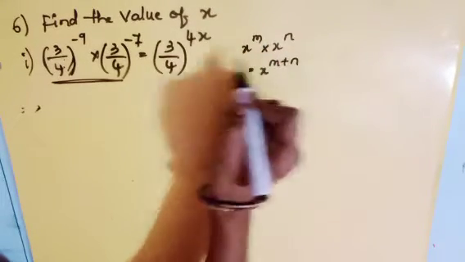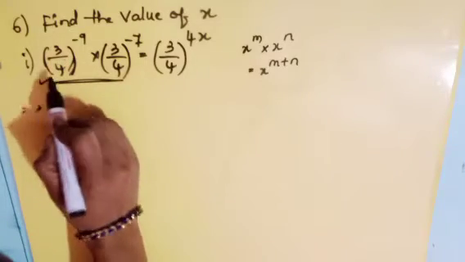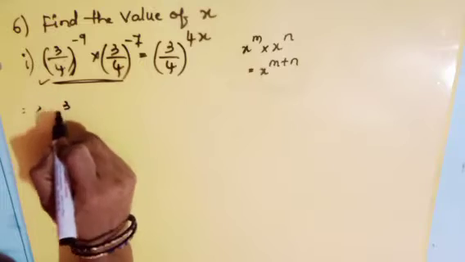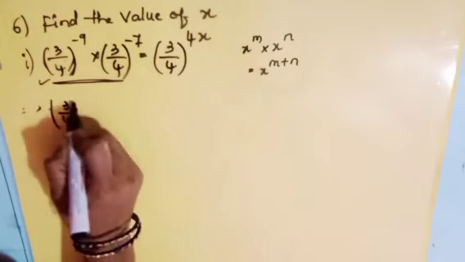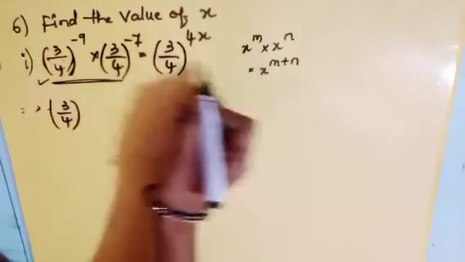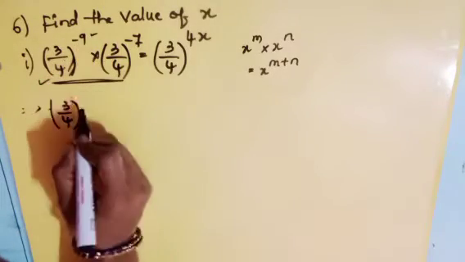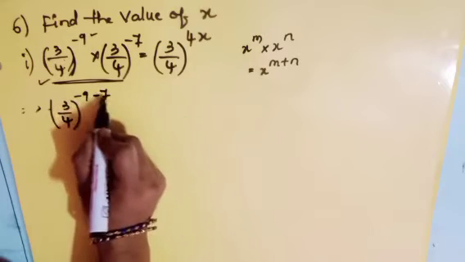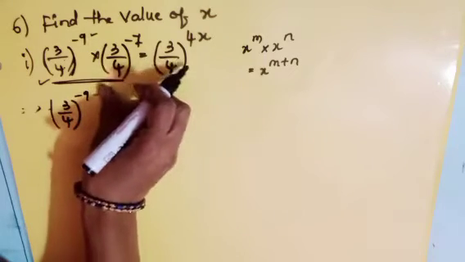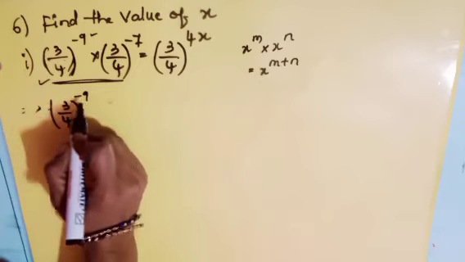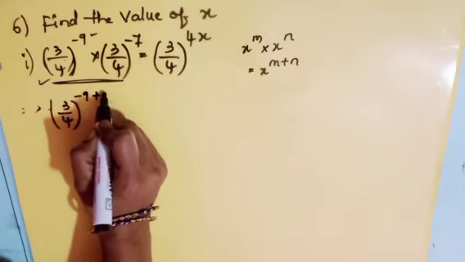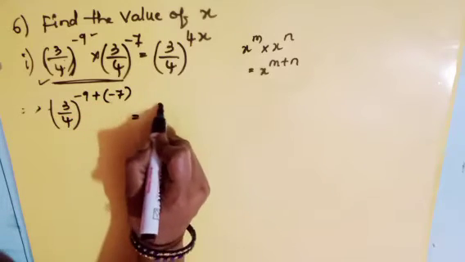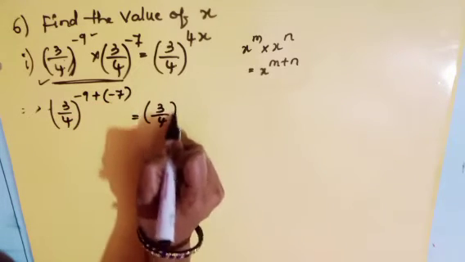Here on the left side we apply the first law: (3/4)^(m+n) means we add the powers, that is minus 9 minus 7, or we can write this as (3/4)^(-9 + (-7)) = (3/4)^(4x).